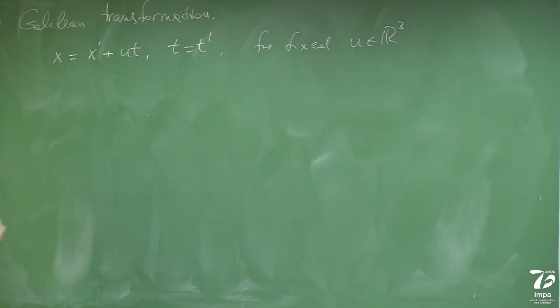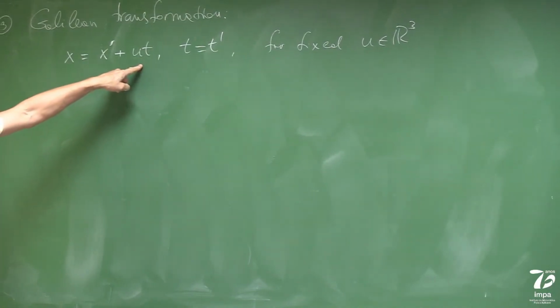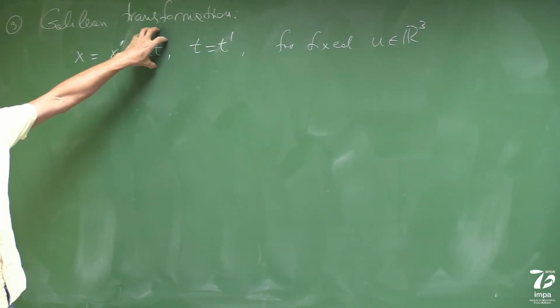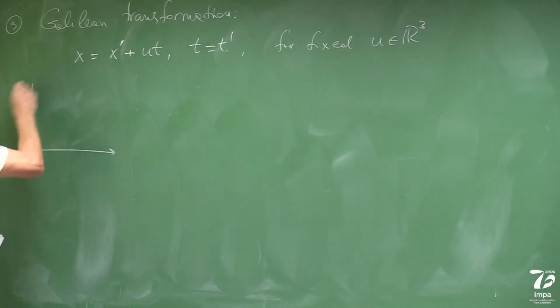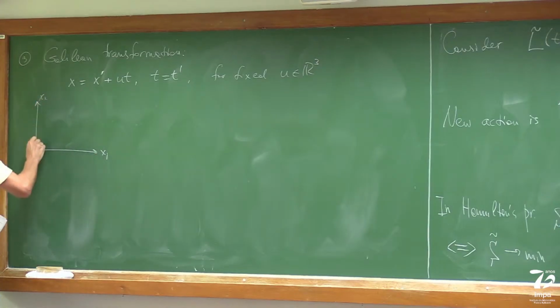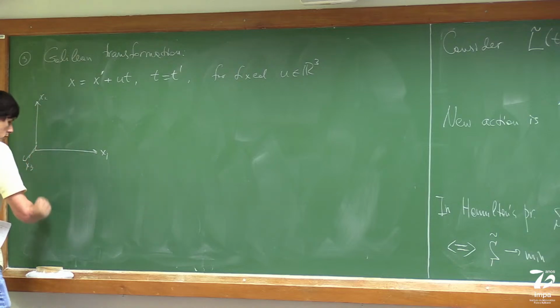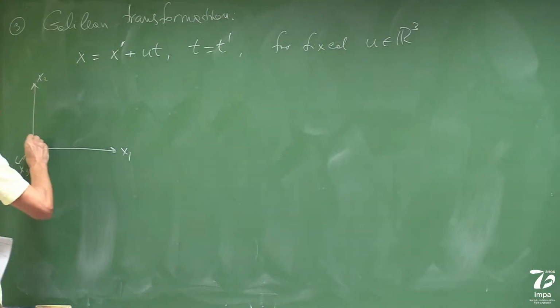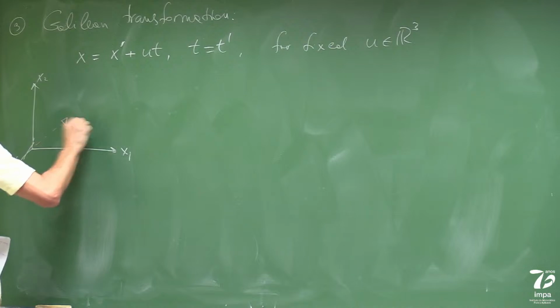So first let us just understand what it is. It looks like a change of origin, but the origin will move, right? So what we have is the coordinate system x1, x2, x3. We change the coordinate to the point which is ut.